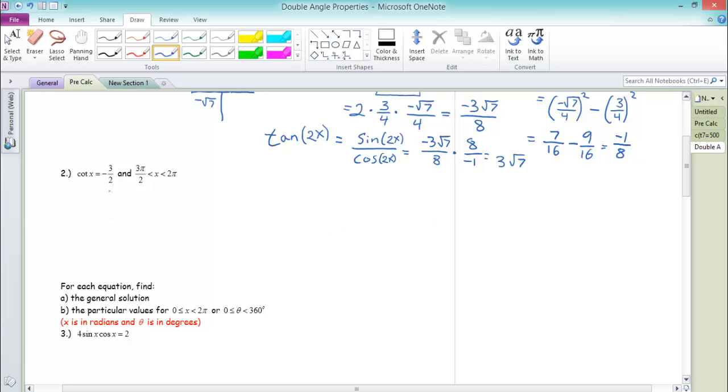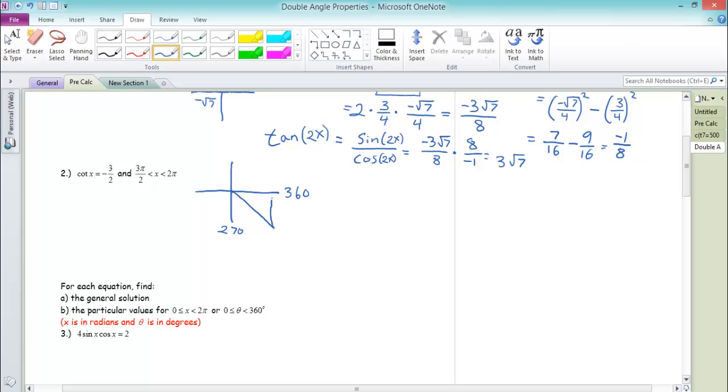Number 2, they told me that the cotangent of x is negative 3 over 2, and we go from 3 pi over 2 to 2 pi. So I'm going to go ahead and show you where that is. It'll be from 3 pi halves, which is down here at 270, to 2 pi, which is a full 360. So we're in quadrant 4 now.